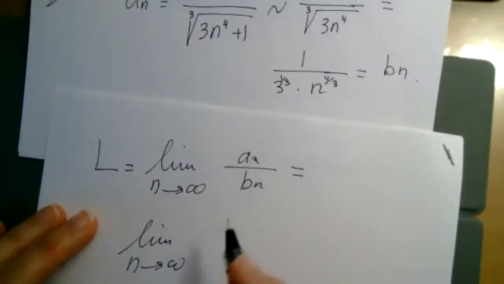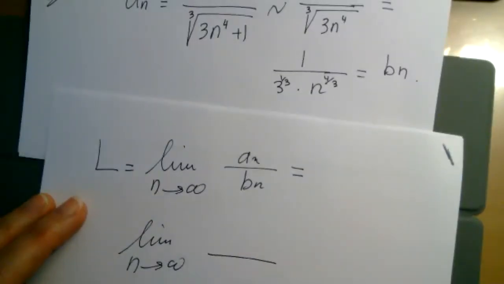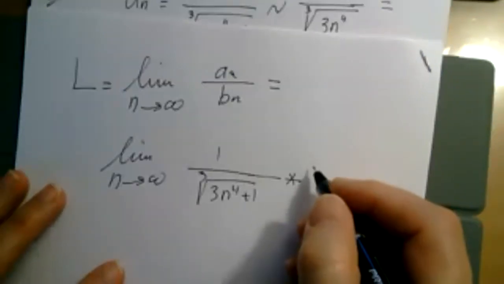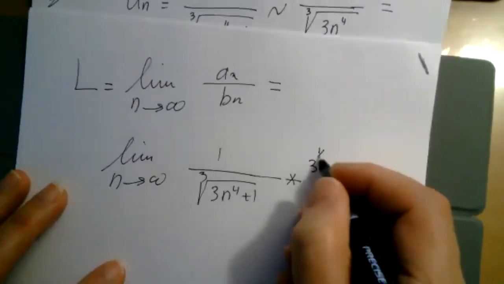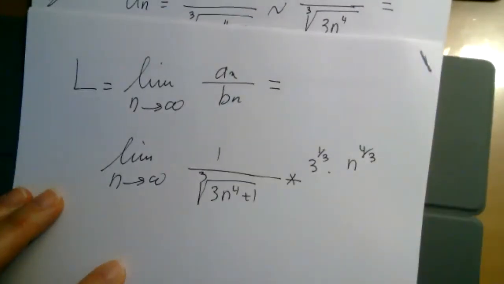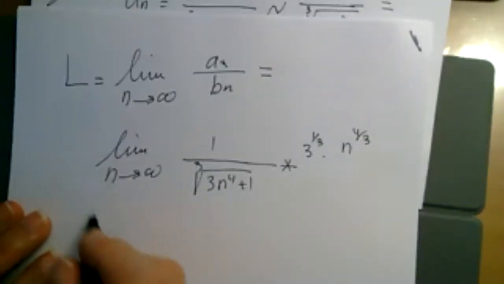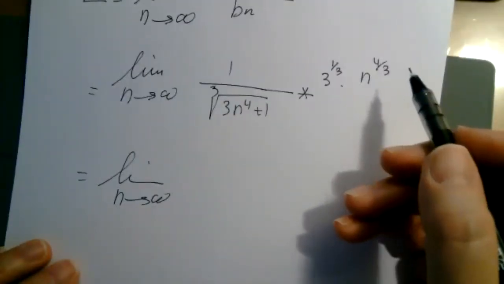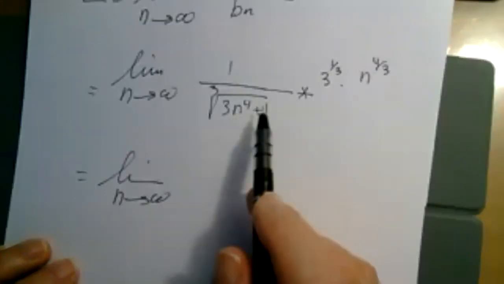Very good. So what is an? An is 1 over the cubic root of 3n to the 4 plus 1 times, okay, I had 3 to the power a third, which is not a big deal, times n to the power 4/3. All right, so what's the limit of that? Now, of course, n to the power 4/3 is nothing more than the cubic root of n to the 4.